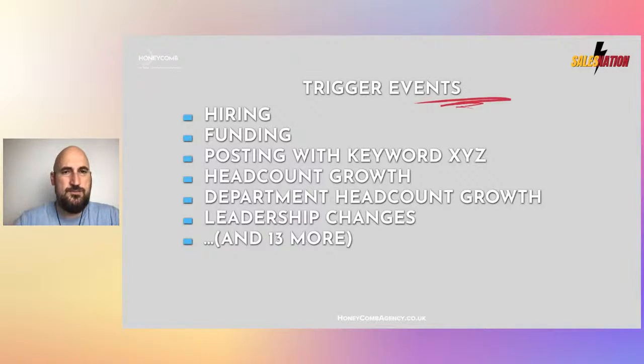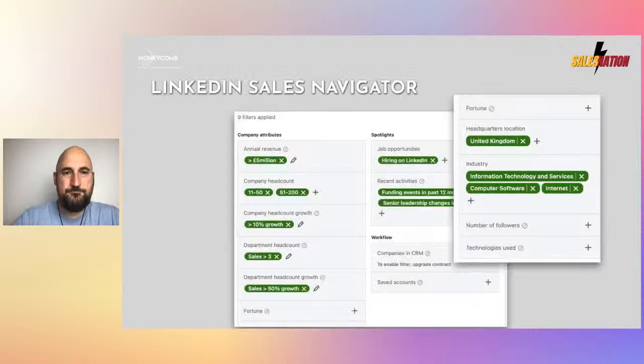So there's loads and loads of triggers that you can find if you know how to, and also how to apply it on LinkedIn. And on LinkedIn, once we have the ICP, the target accounts, and the trigger events ready, we go to LinkedIn Sales Navigator and put all of these things into our search, and we filter it down.